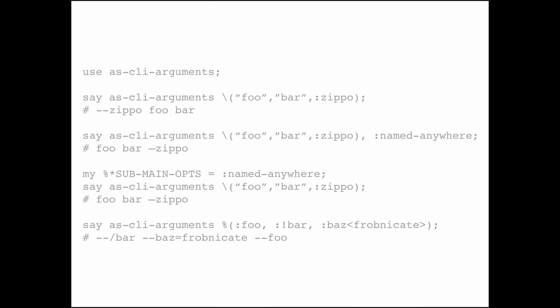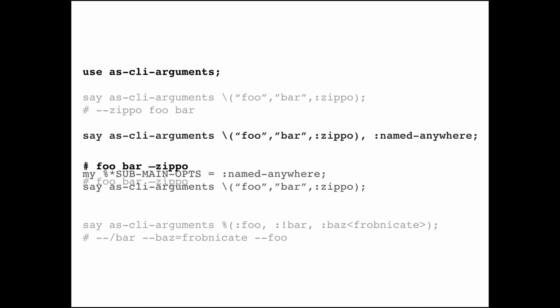So what do you need to do for that? You use the module, and it exports a single subroutine with the same name called as-cli-arguments. You can give it a capture and it will show it like the normal way, or you can tell it to use the named anywhere functionality, in which case the named options will be listed at the end of the line.